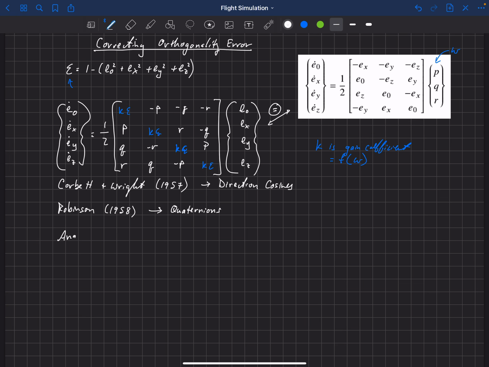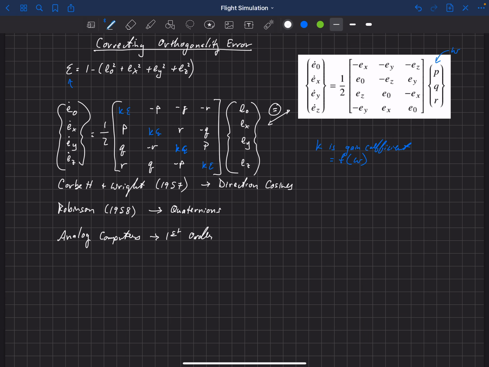Analog computers are first order, and so the integration they were using as they integrated forward in time was all first order integration.